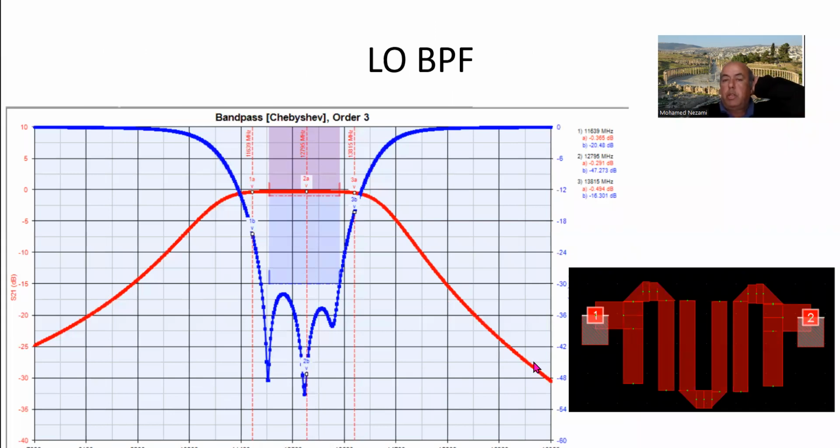So starting out, the first thing we designed is the local oscillator filter. That's a third order in here. So it's a very simple, straightforward hairpin filter that we need for the system.